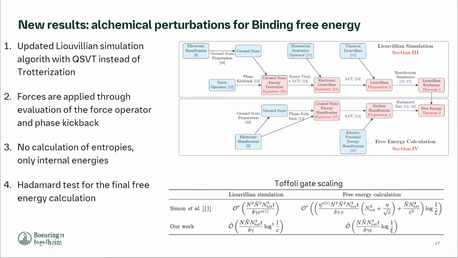And you can see here, there's no eta scaling in here, so this doesn't scale exponentially with the number of nuclei, so that's good. And also the scaling of the Liouvillian simulation is exponentially better with respect to the error. So that's also some polynomial gains through using the force operator instead of the finite differences.